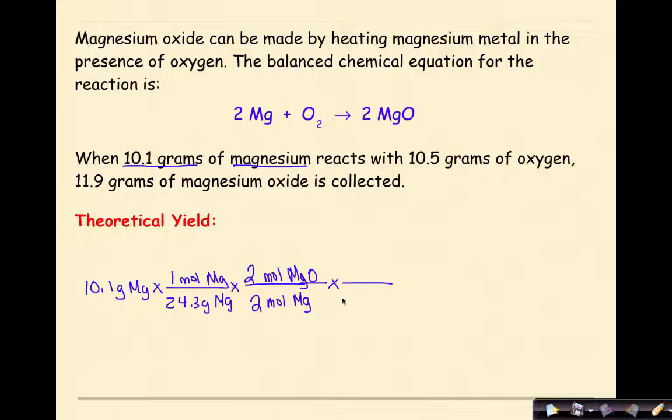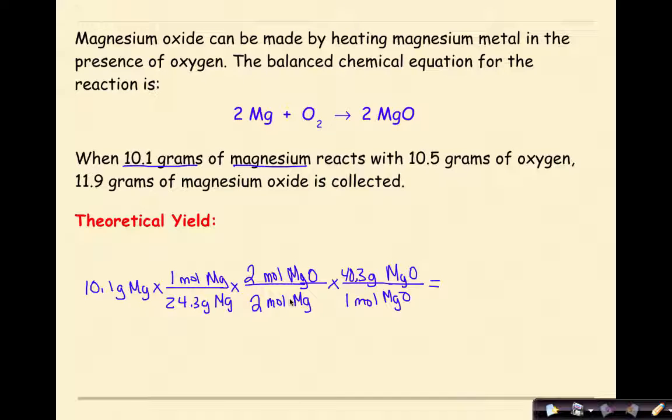And then finally I need to go from moles of MgO to mass of MgO. Again, you always need to pay attention to what the problem is asking. Maybe you don't need to do this step, but in this case I'm going to. So the mass of MgO is around 40.3.